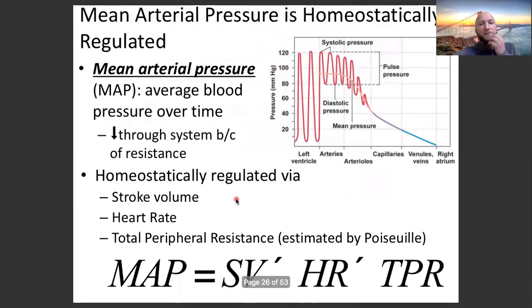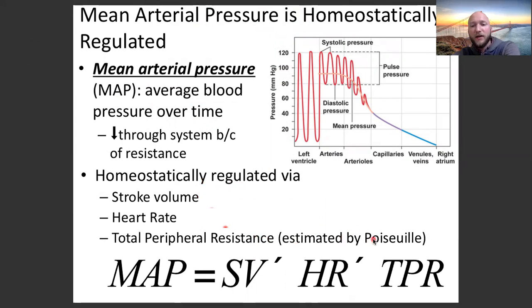All right, so MAP is homeostatically regulated. Mean arterial blood pressure, MAP, is the average blood pressure over time. MAP decreases, remember this chart, as we move through our circulatory system because of resistance. Resistance decreases pressure. It's homeostatically regulated via changes in stroke volume, heart rate, and peripheral resistance.